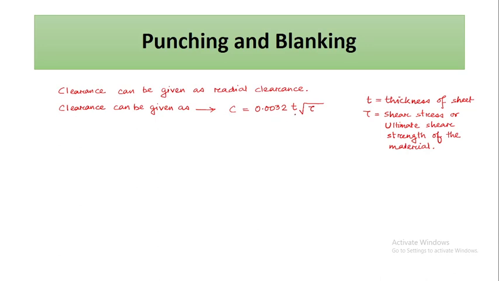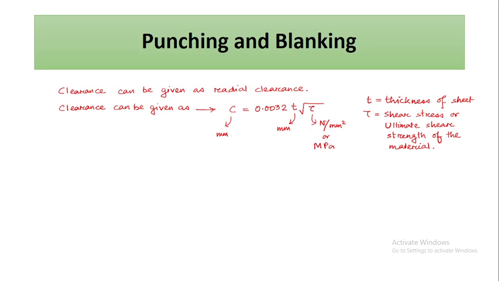The unit of the thickness is generally millimeter, and the shear stress unit is given as Newton per millimeter square or megapascal. And this clearance C will be in millimeter, whatever clearance we will get.